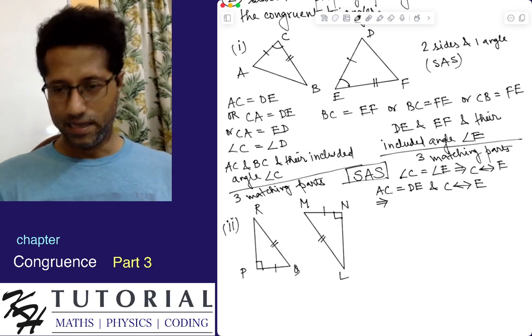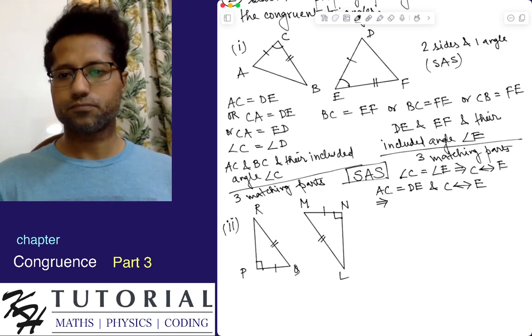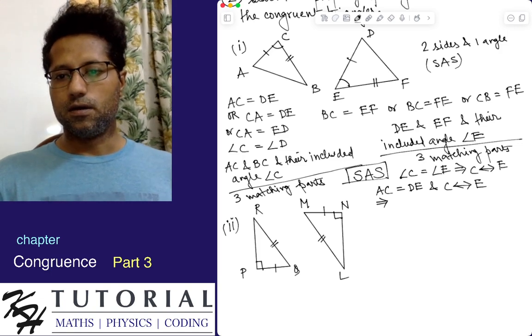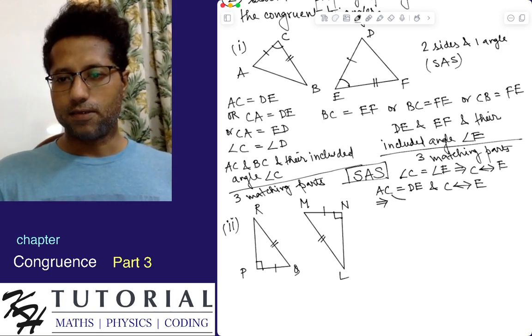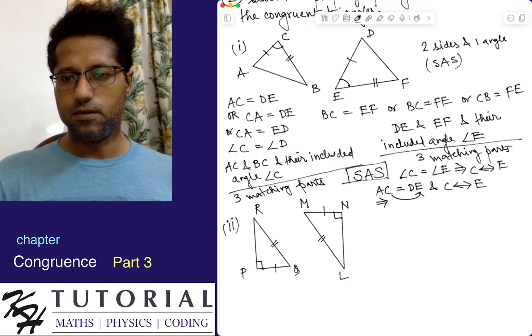Now in AC equals DE, C has a correspondence with E, we know.